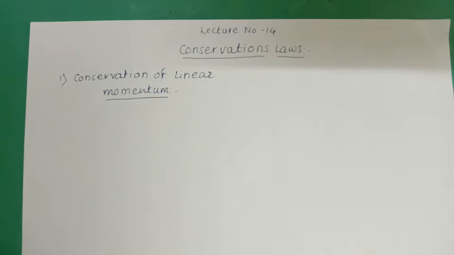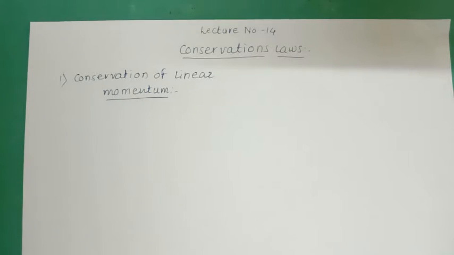The momentum is the product of mass and velocity. During the motion of any body which can be described with the help of Newton's laws of motion, due to its velocity and mass it possesses a momentum. So how is this linear momentum conserved during the motion of the particle?